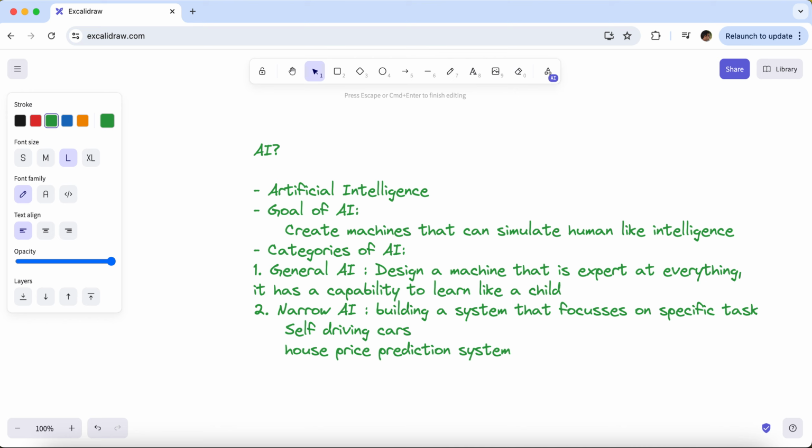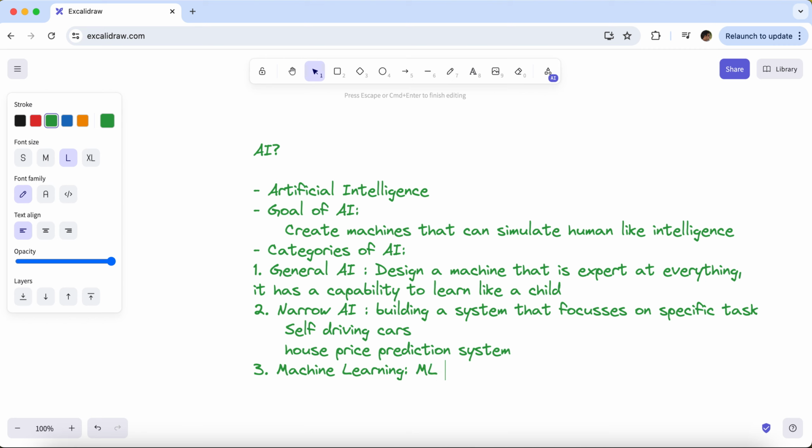The third category of AI, which is a very favorite topic nowadays, is machine learning. Machine learning is a category of AI, and if you wanted to put a definition of machine learning, it is a category of AI that focuses on learning from examples.